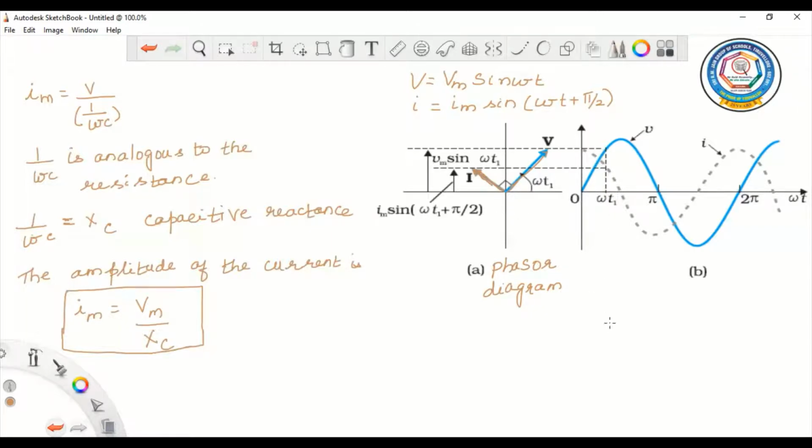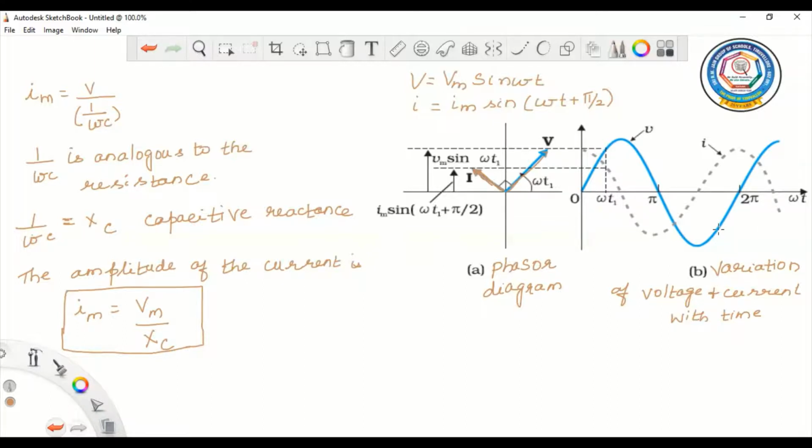And here we have drawn the graph, which gives the variation of voltage and current with time, versus omega t.